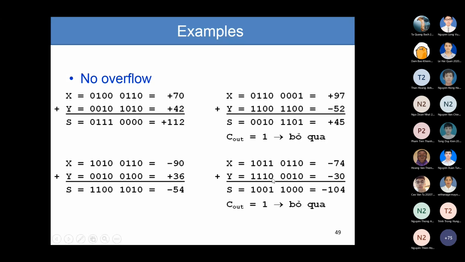The last one, x is negative, y is also negative. It means the same sign, and the result s is also negative, the same sign as the operands, so the result is correct even though the carry out is equal to 1. So these are the examples where the result is always correct.